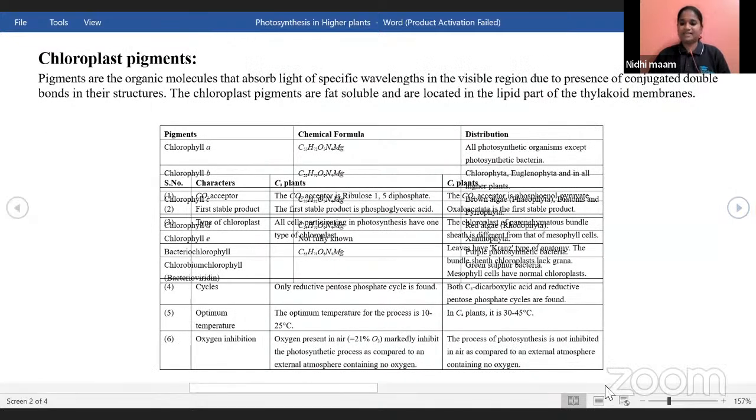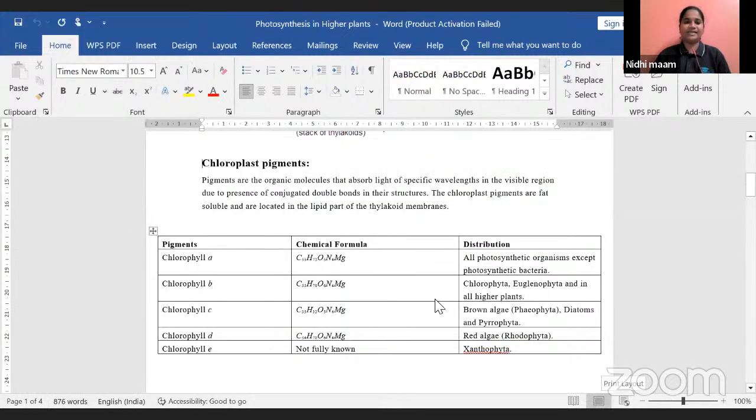Chloroplast pigments. Let me take this type so that you will understand. What is the main thing of chloroplast? Chloroplast gives the green color. Why does it give green color or any color?